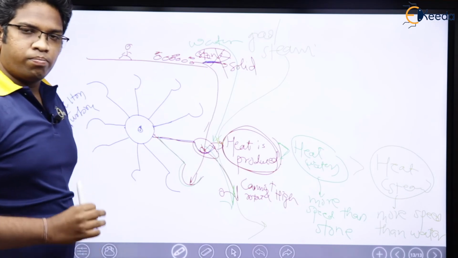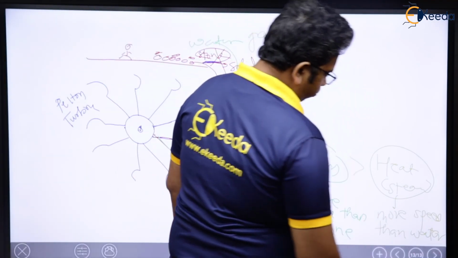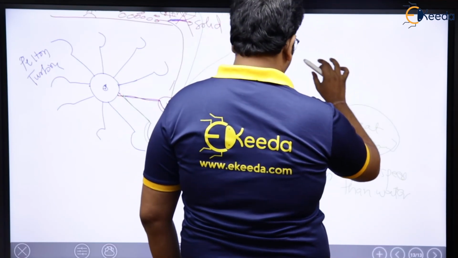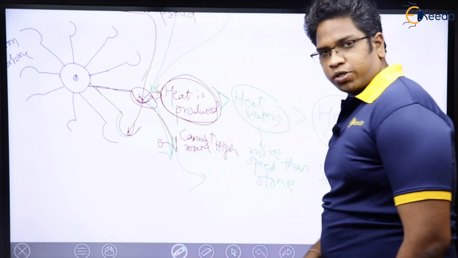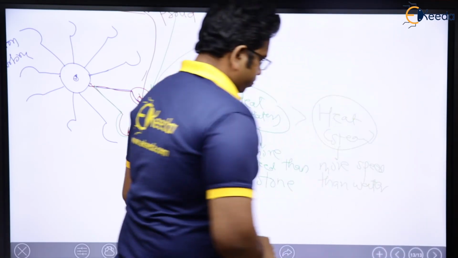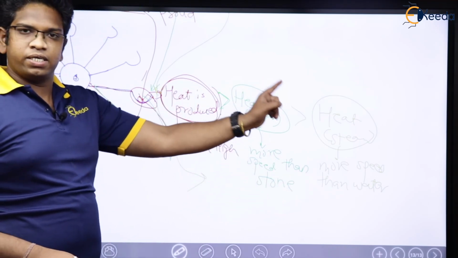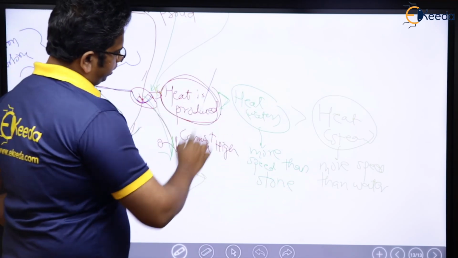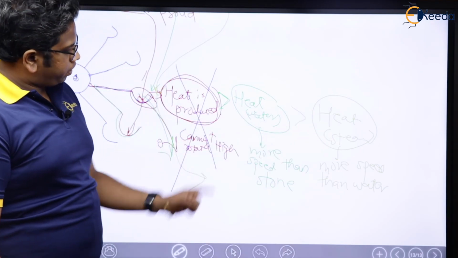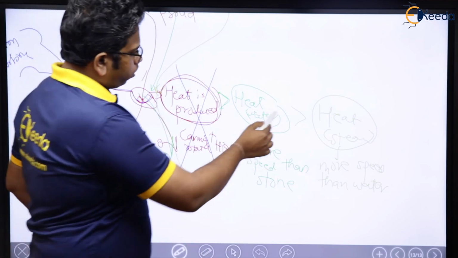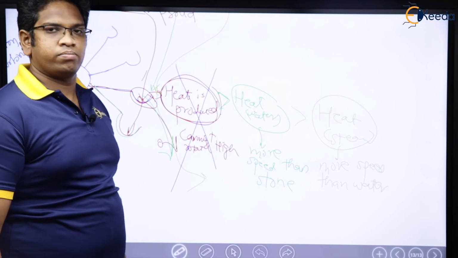Moral of the story. Out of these three, stone case, water case and steam case, stone as it is, we don't use. Water and steam: heat produced due to water is more than heat produced due to steam.